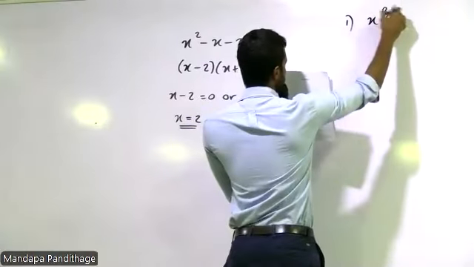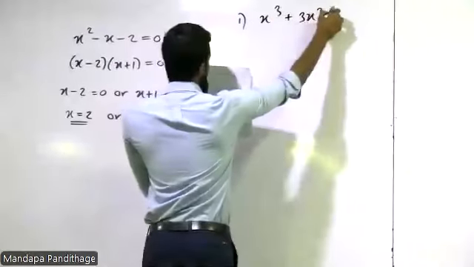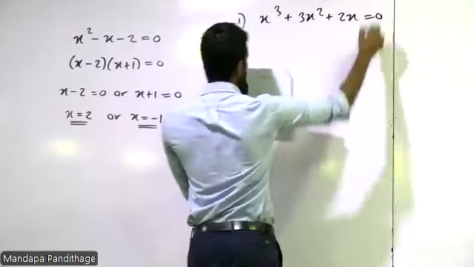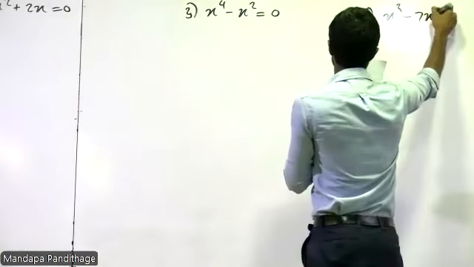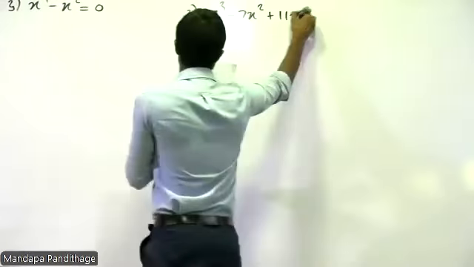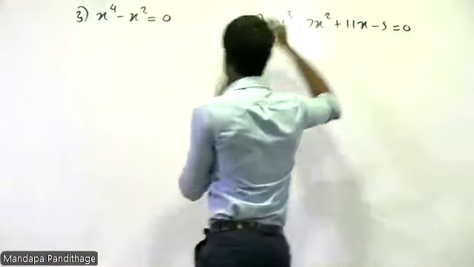So I'll take this one. And then I'll take another one, equation number 3, x to the power 4 minus x squared equals 0. And then I'll do this second one, x cubed plus 7x squared plus 11x minus 5 equals 0.